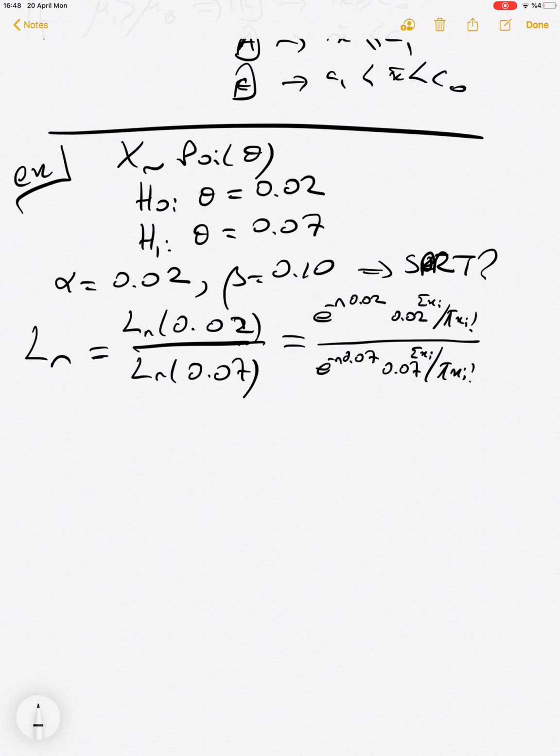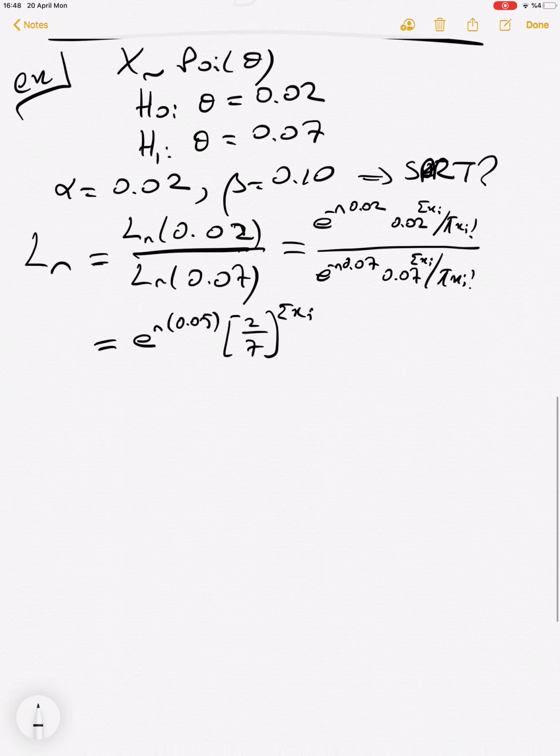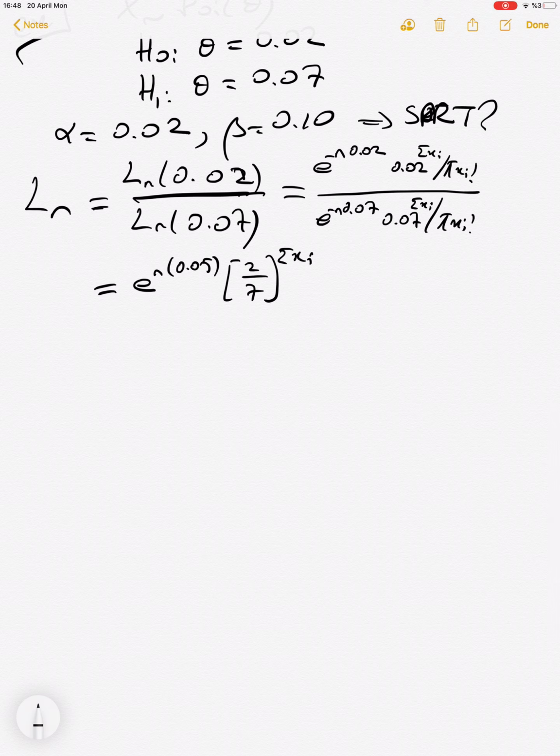The multiplications of factorials cancel out, and we have e to the n times 0.05 and the ratio 2/7 to the summation xi. So this is our likelihood ratio. Then we have to calculate k0 and k1.